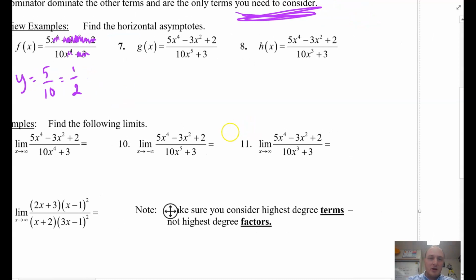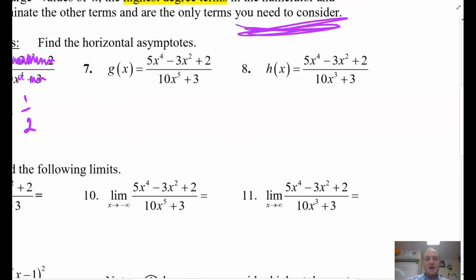Now, moving right along, let's look at this case. Again, we don't care about any of these terms, and I have x to the fourth over x to the fifth. In this case, I have a smaller power over a bigger power. When your denominator gets really, really big, bigger than the numerator, we approach 0. So y is equal to 0.